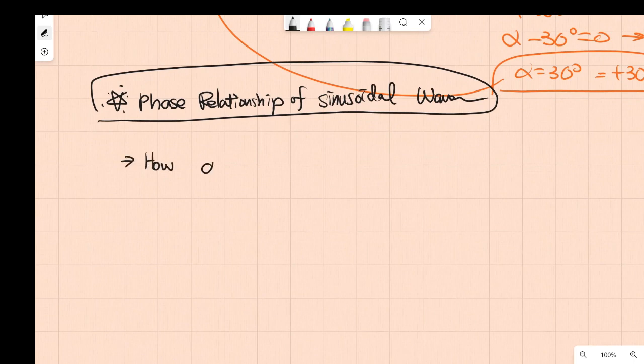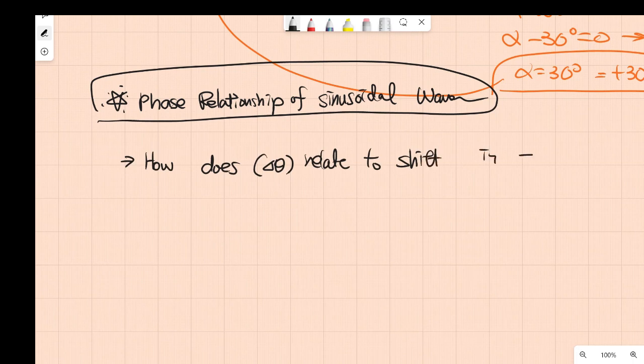How does delta theta relate to the shift in the time domain, delta t?